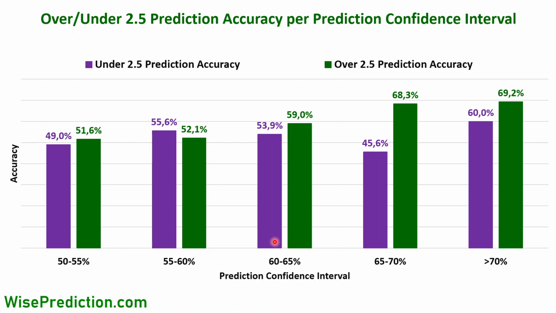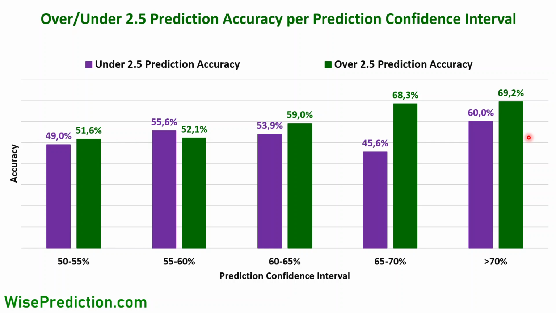But if the prediction confidence goes above 60%, we see that the accuracy goes up to 59% as well. And in the next interval, it jumps up to 68.3%, and it ends at 69.2% in the next prediction interval, when the confidence is above 70%. So it's improving.